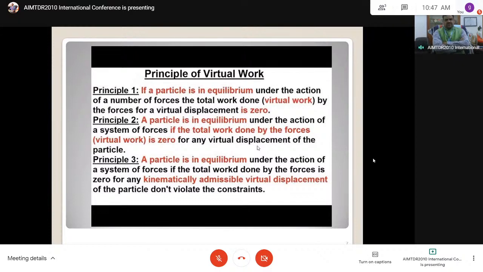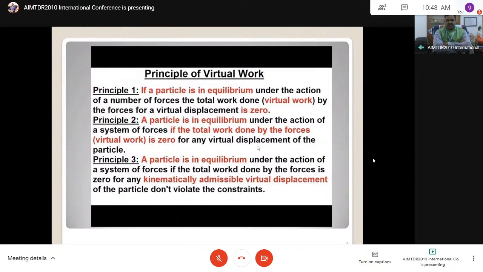Force into virtual displacement. In principle 2, a particle is in equilibrium under the action of a system of forces, if the total work done by the forces is zero for any virtual displacement of the particle.